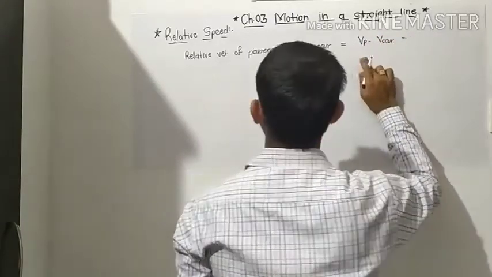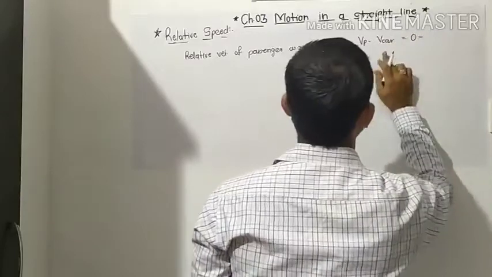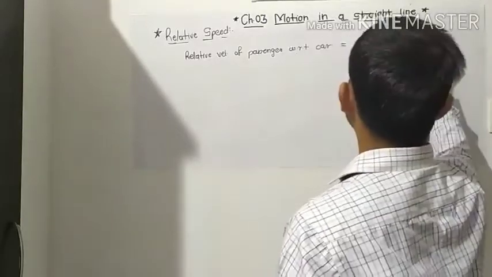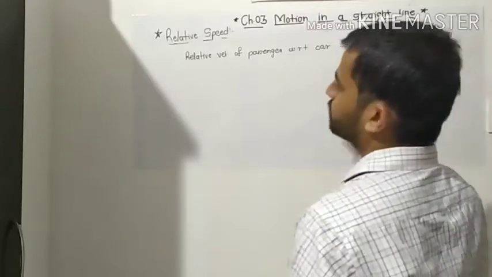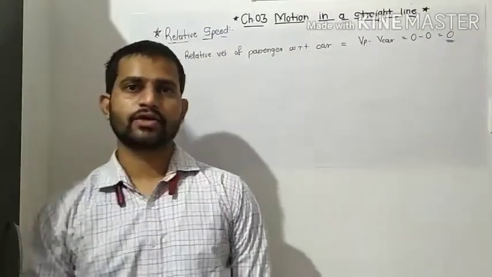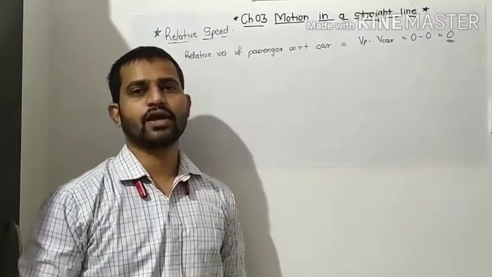So the relative velocity of passenger will be 0, and the velocity of the car will be 0, okay. So the relative velocity of passenger with respect to that car will be 0.